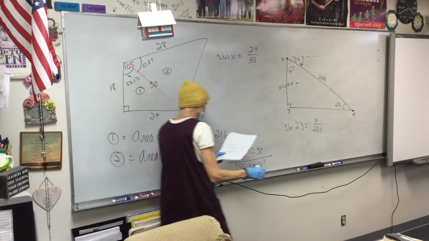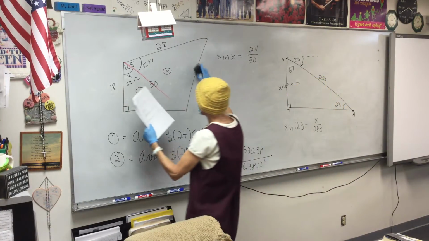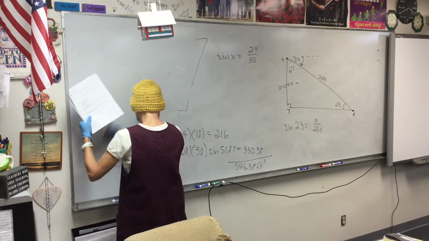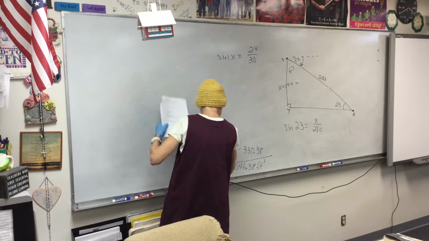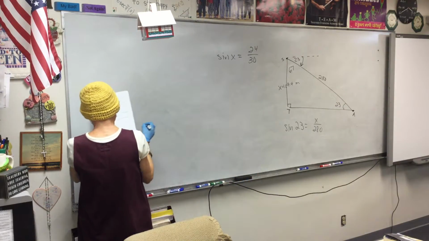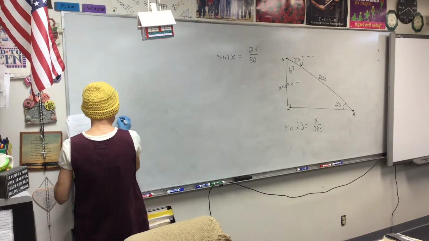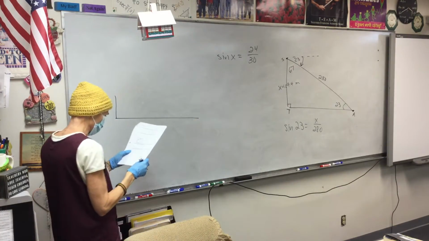All right, one more. We have a man 6 feet tall. Okay, you need to be able to draw your own pictures here, folks. So here's the ground. Here's the man, 6 feet tall.